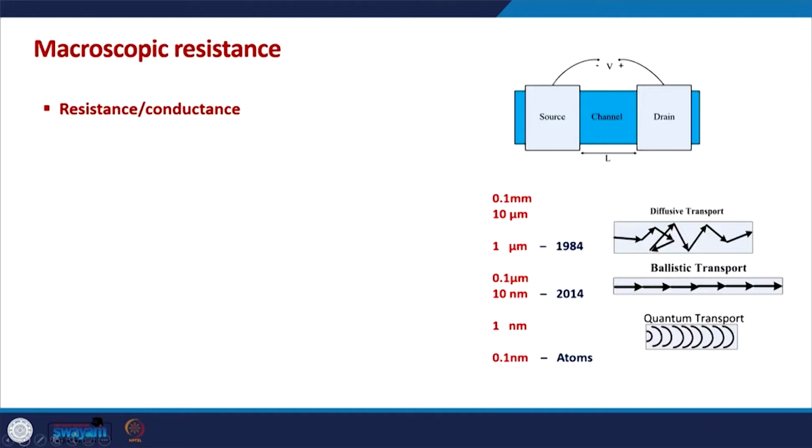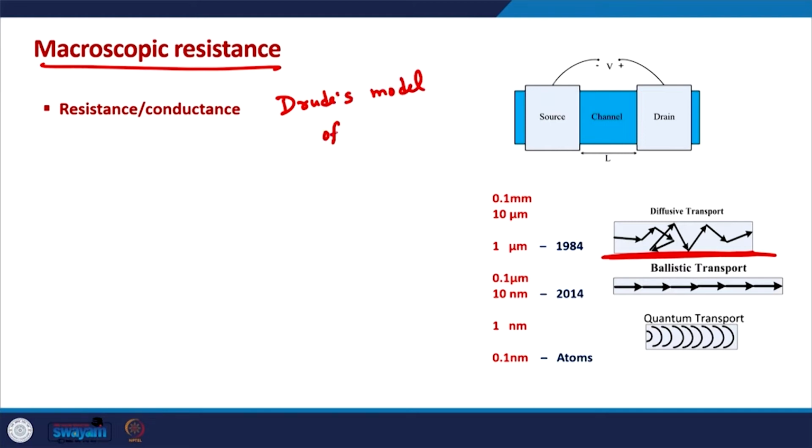The idea of macroscopic resistance, or the resistance in diffusive transport, is largely due to Drude's model of electrical conduction.